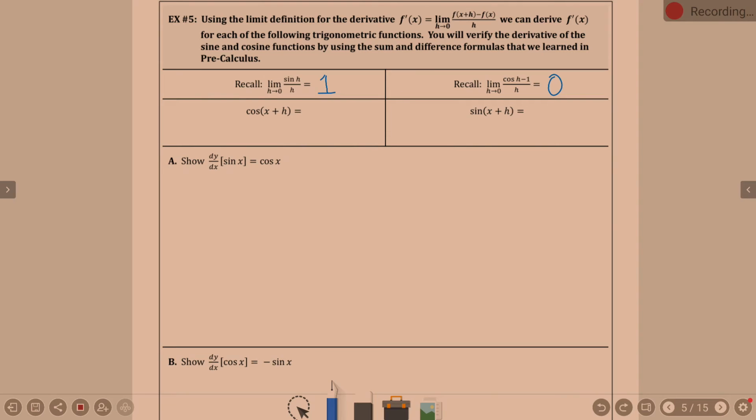Now, cosine of x plus h and sine of x plus h. These are the sum and difference formulas we learned in pre-calc that go like sine cosine plus cosine sine, or cosine cosine minus sine sine.